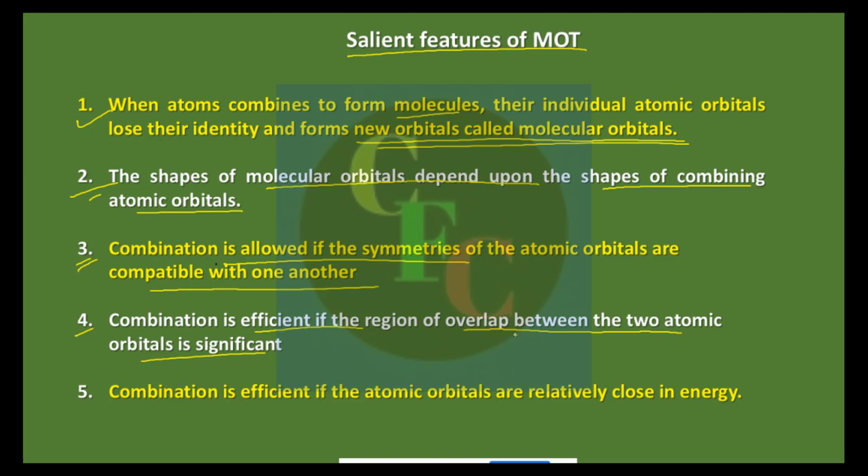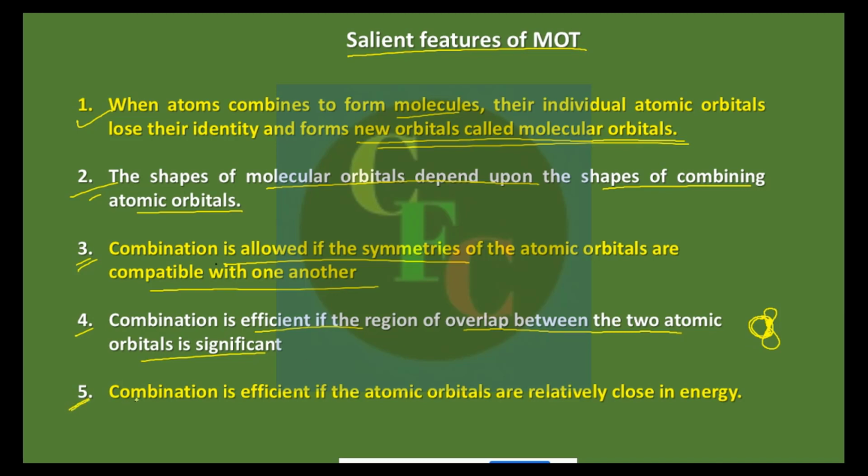Suppose you combine one s and one p and try to form a pi bond; the overlap is not efficient, because the phase of one overlap is opposite of the other, so they cancel out each other.